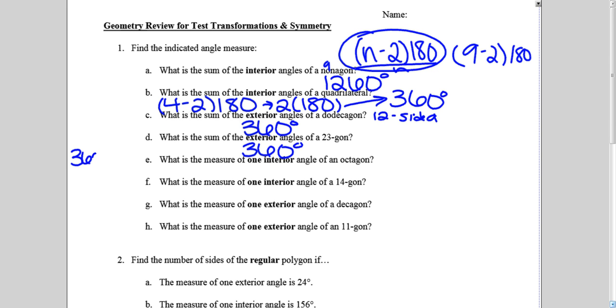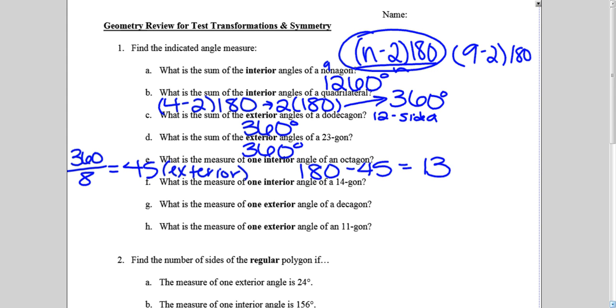So 360 divided by 8, so that means that your exterior angle would be 45 degrees. Well then, to get the interior, do 180 minus the 45, you get 135 degrees.